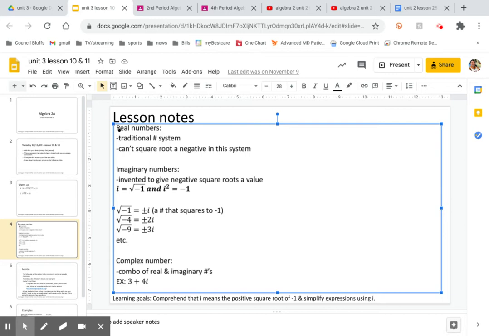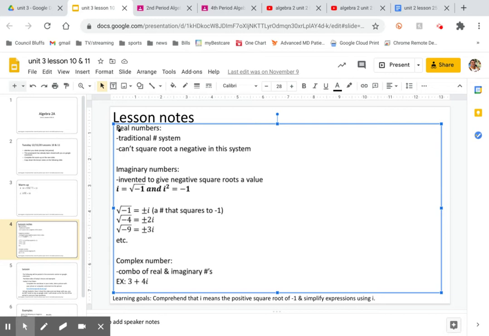What they did was denote the variable i, short for imaginary, and the variable i is going to be equal to the square root of -1. And if i is equal to the square root of -1, then i squared is equal to -1. The entire imaginary number system is based off of those two facts: that the variable i is equal to the square root of -1, and i squared is equal to -1.